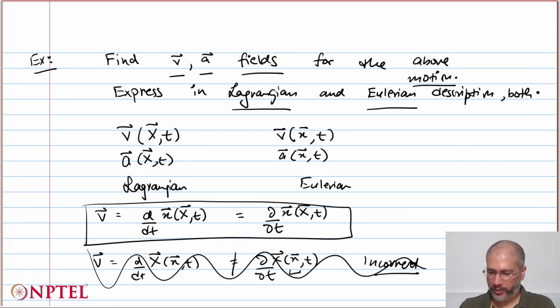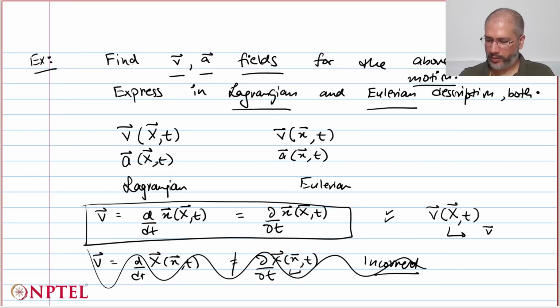And once you find this, you can find the Eulerian description by simply using the inverse mapping chi-inverse. So once you get the velocity as a function of capital X and t, you can find the velocity as a function of small x and t by using the inverse mapping chi-inverse.